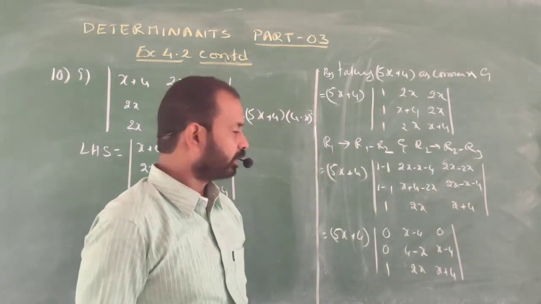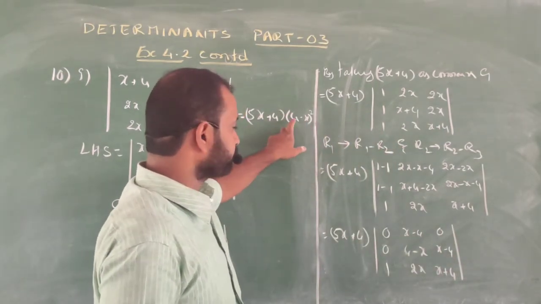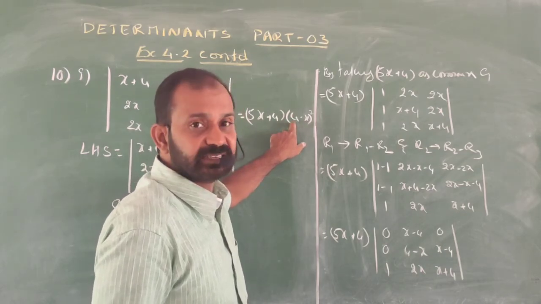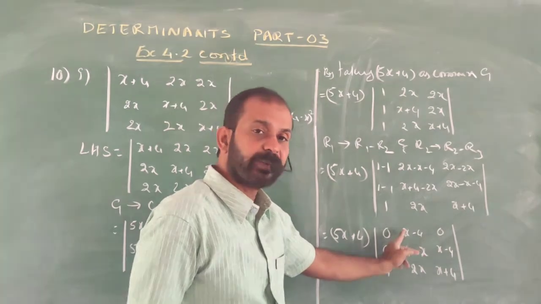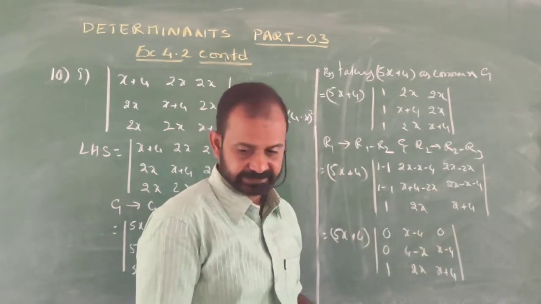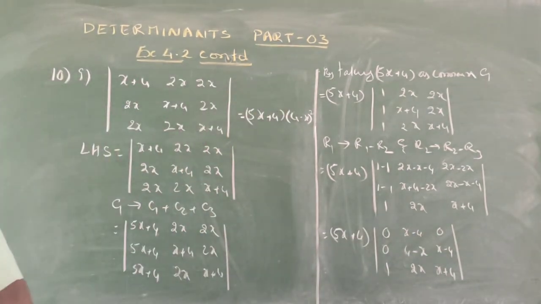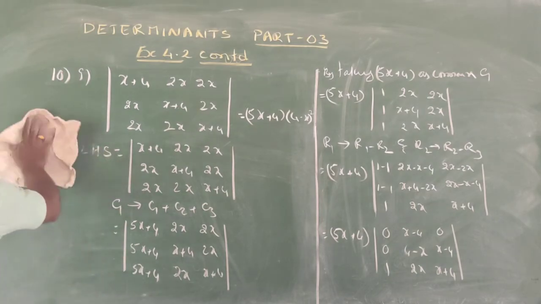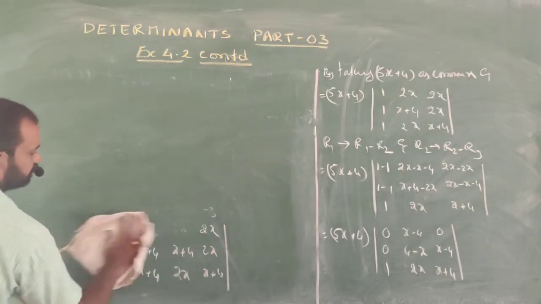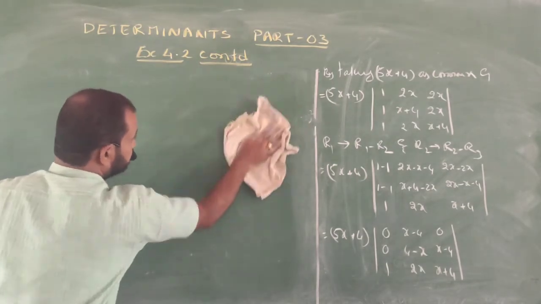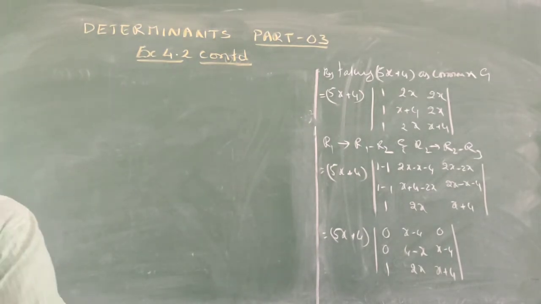Now see, what actually we have to prove? This is 4 minus x, so x minus 4 I can write as minus of 4 minus x.